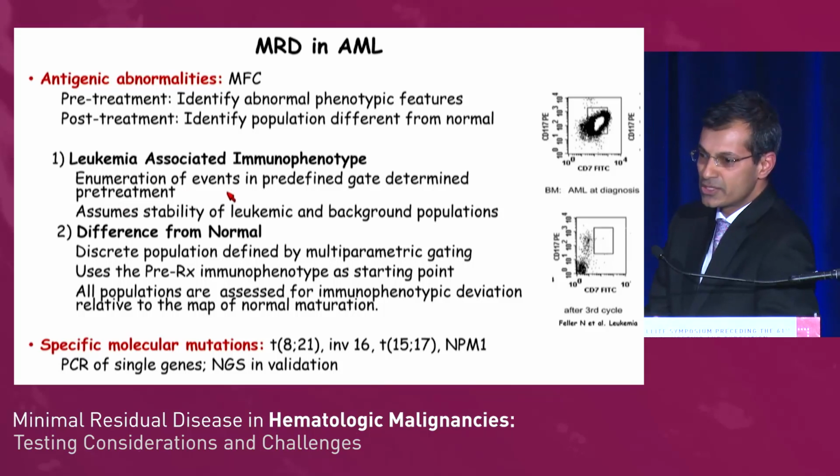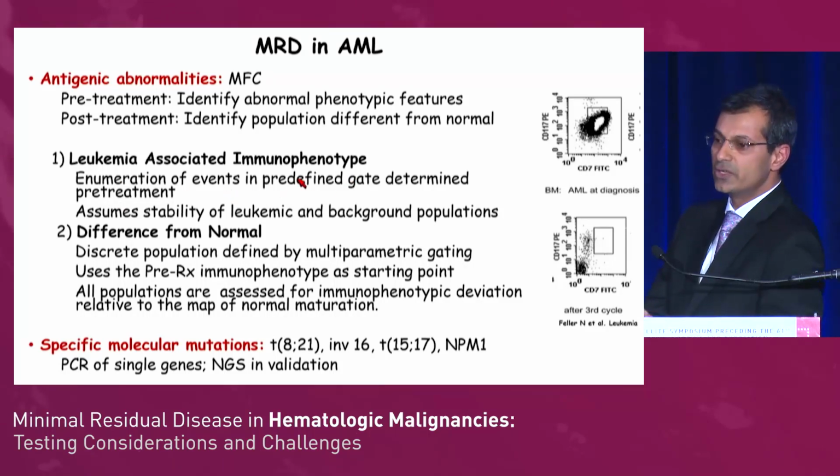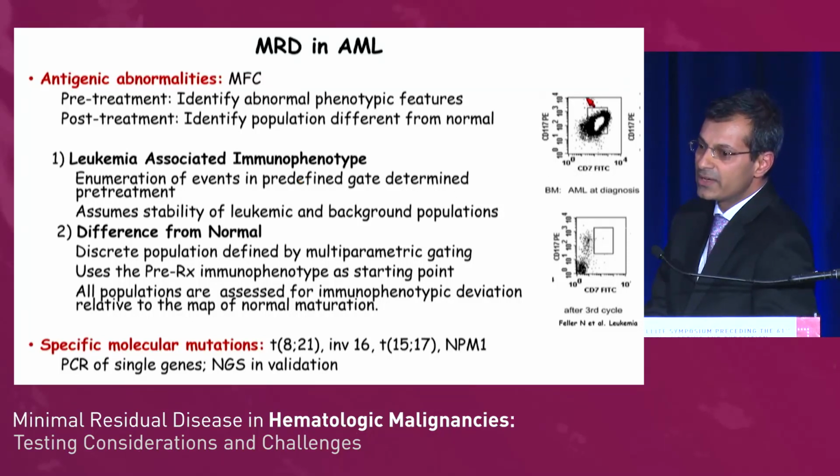One is the leukemia-associated immunophenotype methodology, which assumes that the leukemic cells are stable over time. And there is a predefined gate that is determined right at the outset at diagnosis, which you can see here. And at the time of determination post-therapy, you see that this is nearly empty.